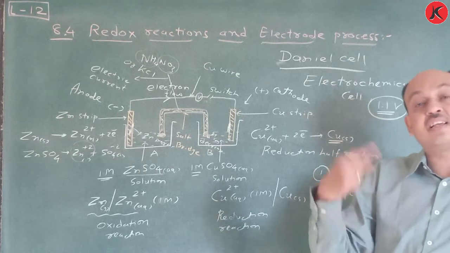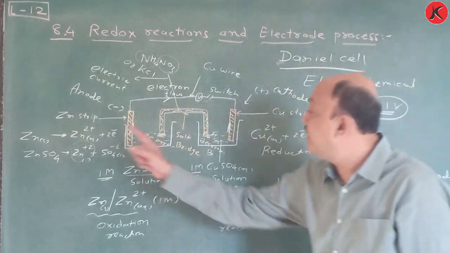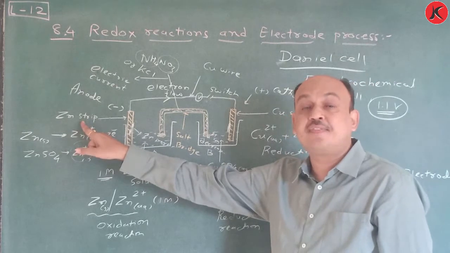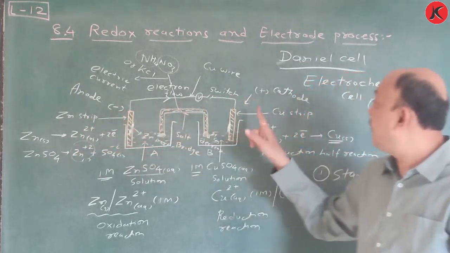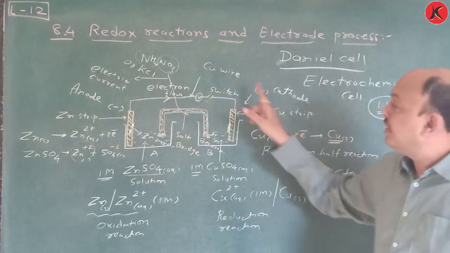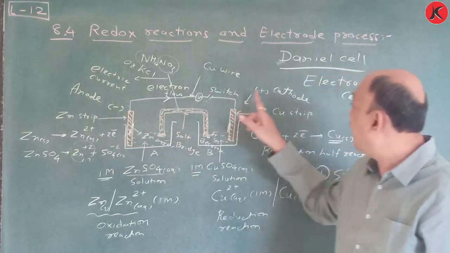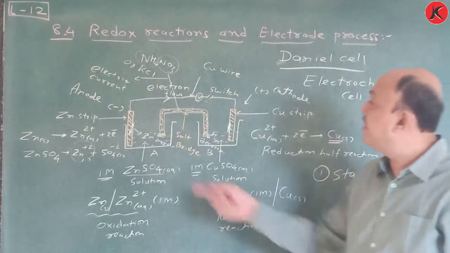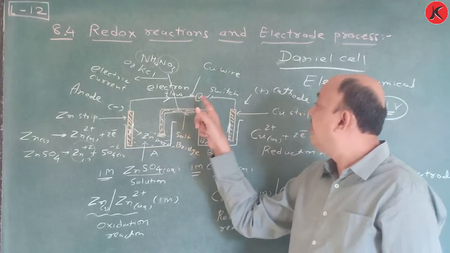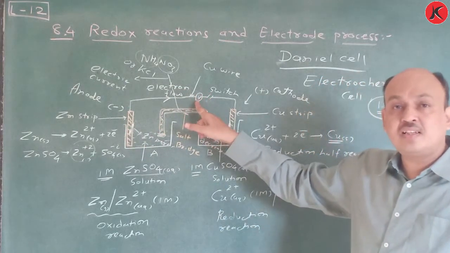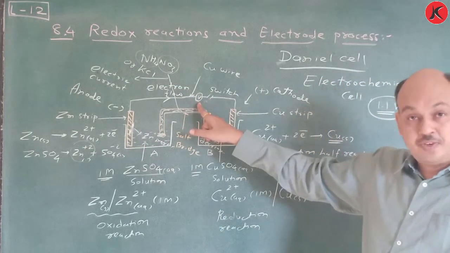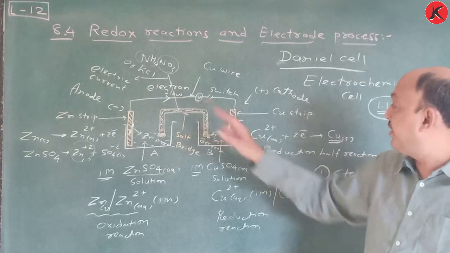You learn this in standard 12. Remember the Zn strip acts as anode and the copper strip acts as cathode. The Zn strip is negatively charged, the copper strip is positively charged, connected with copper wire with a switch, and a voltmeter to measure volts, or an ammeter for amperes.